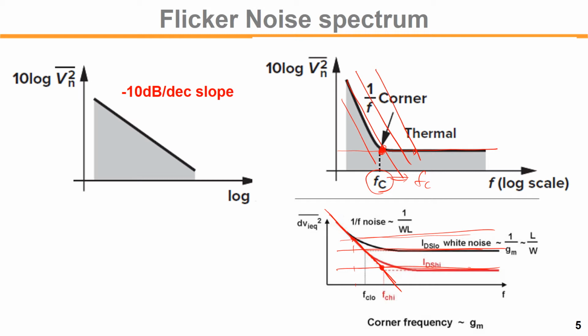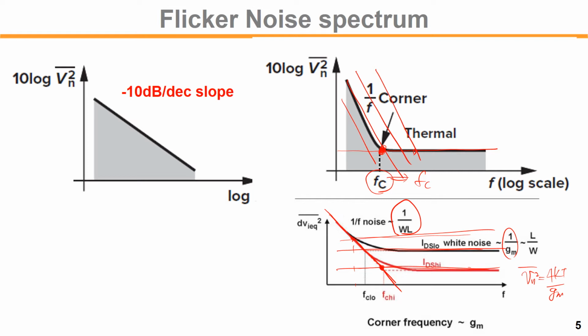One thing to consider is that the flicker noise corner is inversely proportional to area, 1 over WL. But the white noise level is inversely proportional to gm, because for the thermal white noise, Vn square is 4kT over gm, right?